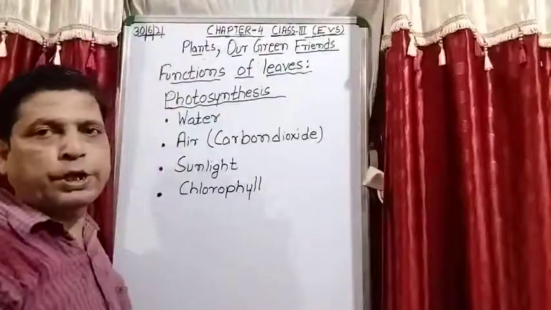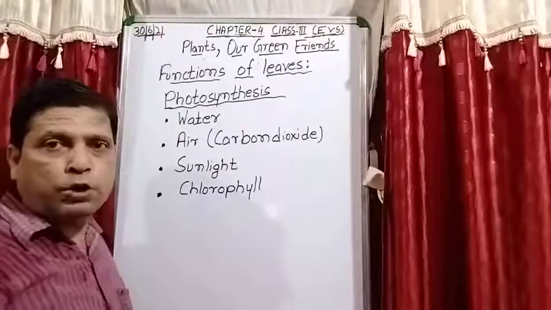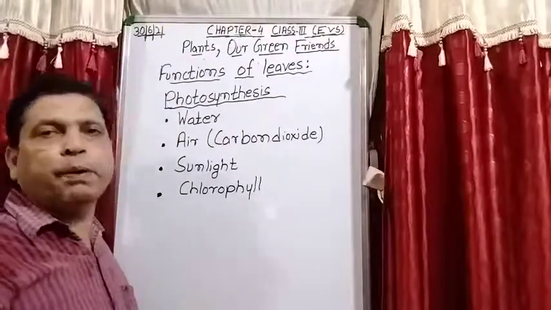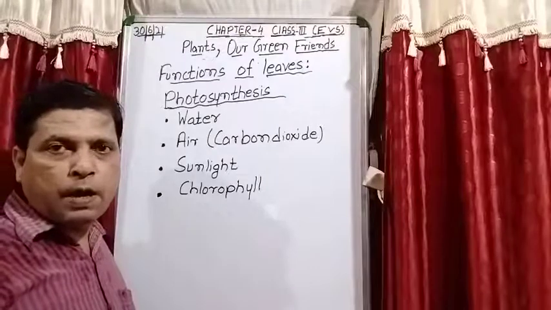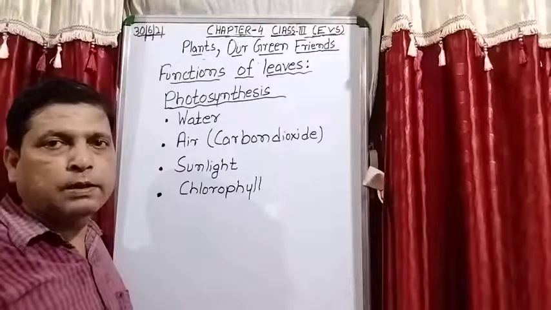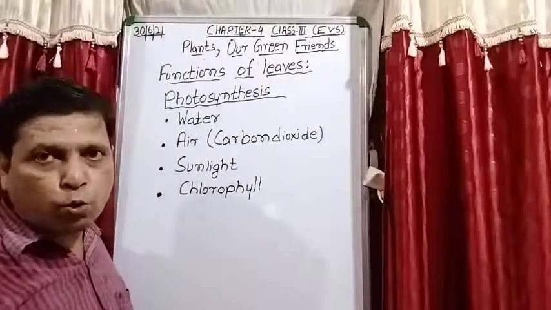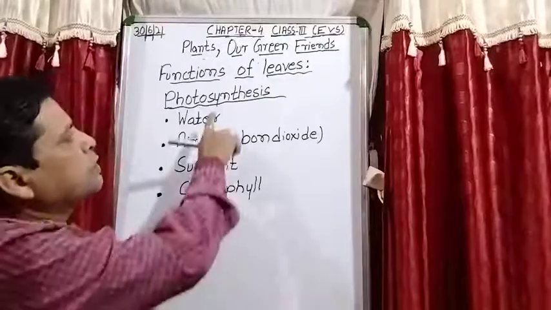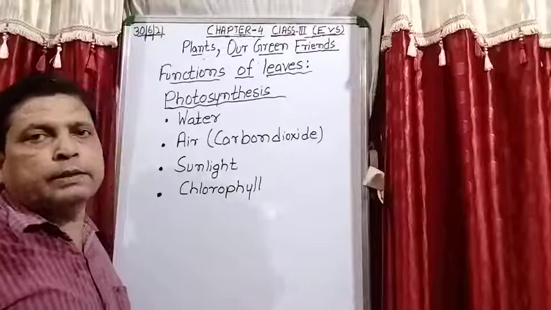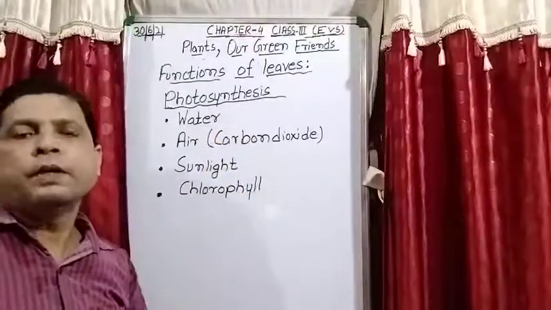See, now I explain to you, or just I told you, that plants can prepare their own food, because the part of the plant, that is leaf, can prepare its own food, and this process is known as photosynthesis. And what are the things required for photosynthesis? That is water.